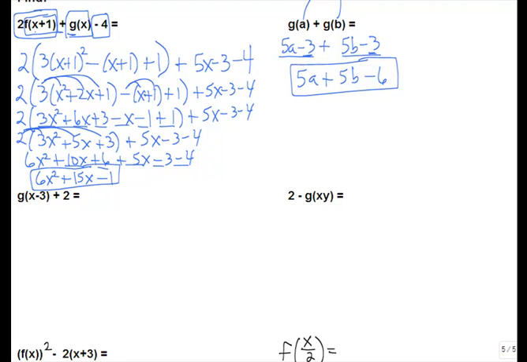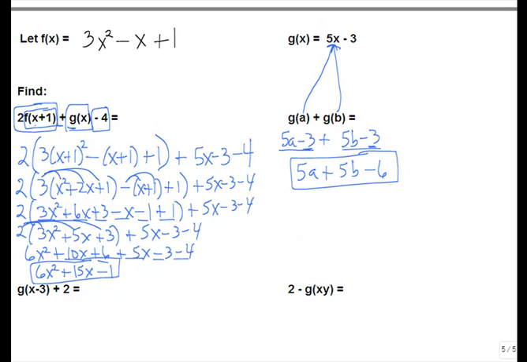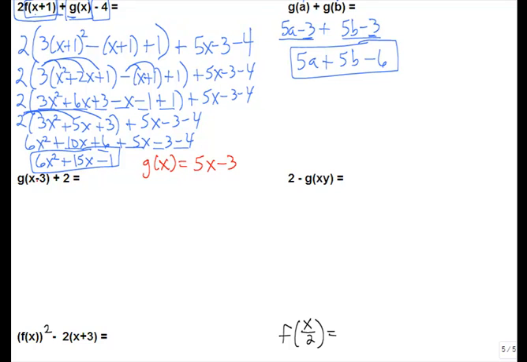Alright, our next example is g of x minus 3 plus 2. So let's remember what g of x is. G of x has as its rule 5x minus 3. So if I want to do g of x minus 3, where x minus 3 is the new input, that is going to go right where this x is.